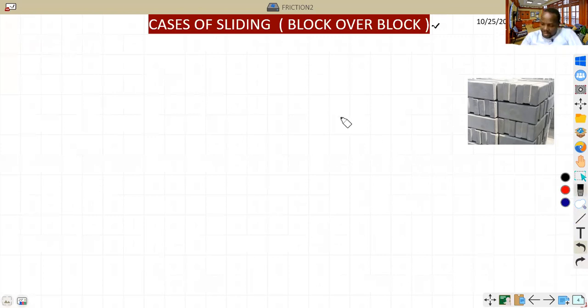Now, when we talk about sliding of blocks over blocks, maybe we should keep a note before we write. I think that would be better. And for us to do that, let's write, let's say, on a rough surface. I think it's important. Let's just write the note, just for understanding's sake.